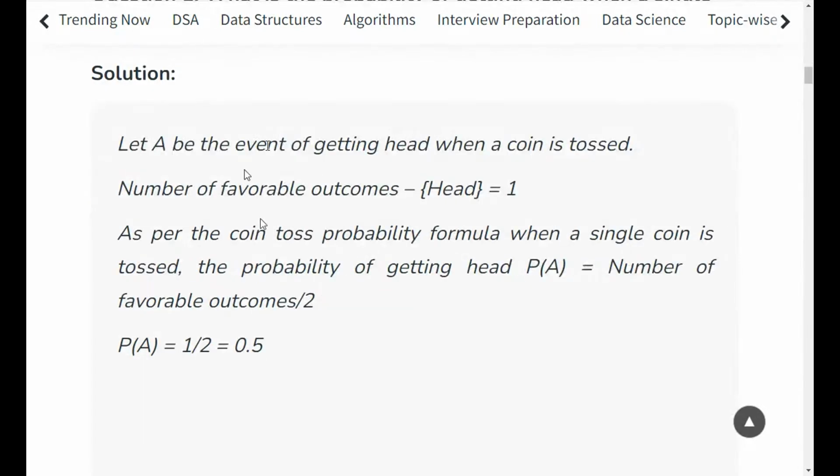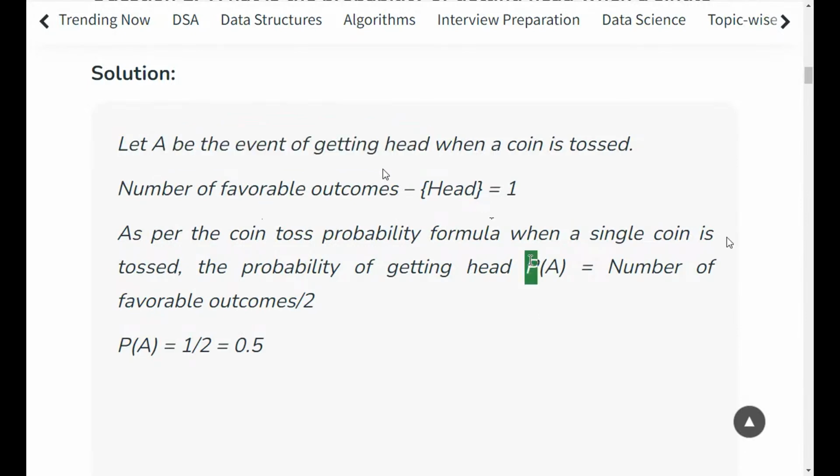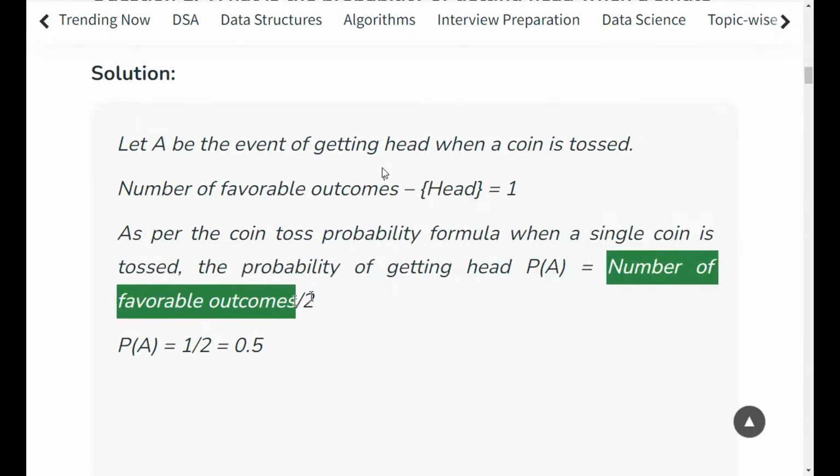When the coin is tossed, the number of favorable outcomes will be head, that is 1. P is for probability, and A is the event which is designating head. The probability of getting head equals the number of favorable outcomes divided by 2. Same formula will be applied.